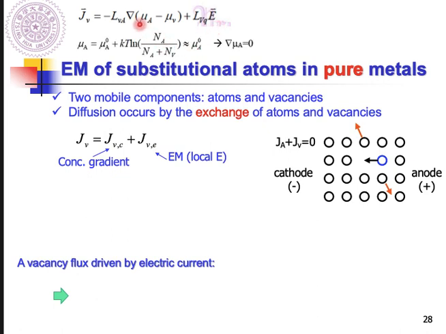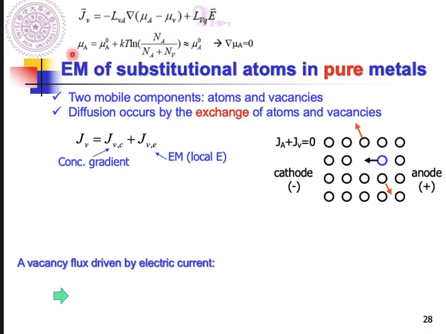And regarding the chemical potential gradient part, the chemical potential mu_A of atom A can be expressed like this. And in these systems, this is X_A, right? Because we know the number of atoms is much larger than N_V, you can delete this term and you get log 1.